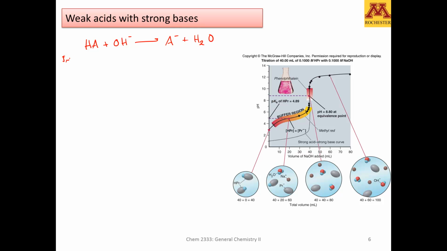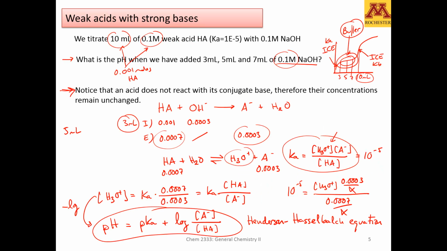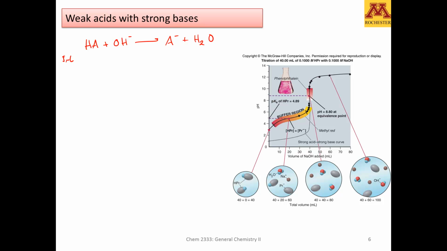For 5 milliliters you had 0.001 and you have added 0.0005. That means this is all gone. You have 0.0005 left and you have 0.0005 here. If you apply the Henderson-Hasselbalch equation, the ratio is 0.0005 divided by the volume over 0.0005 divided by the volume, which is 1.